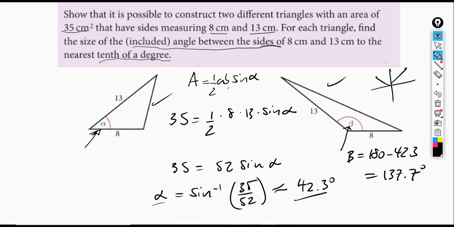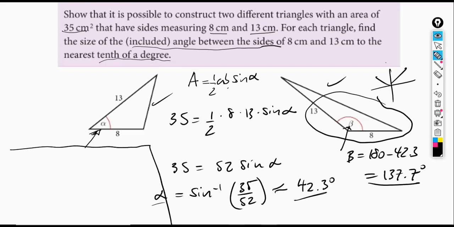How can we prove that this is true? Well, if we find this area for this triangle, and it turns out that it is equal to 35, then we would be proving that there can be two triangles with the same area, right? Okay, so let's do that over here to the left.